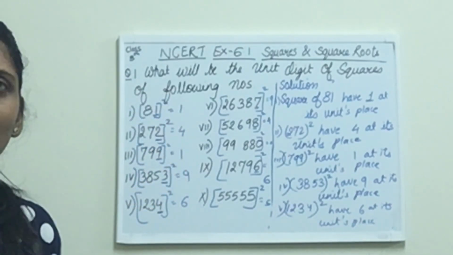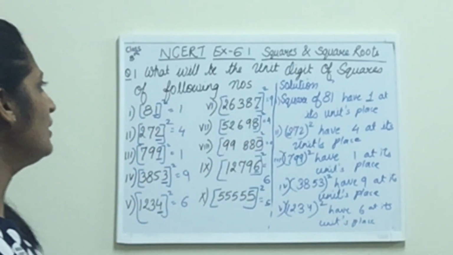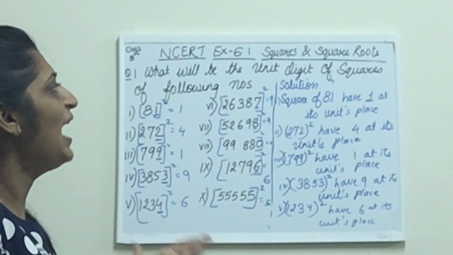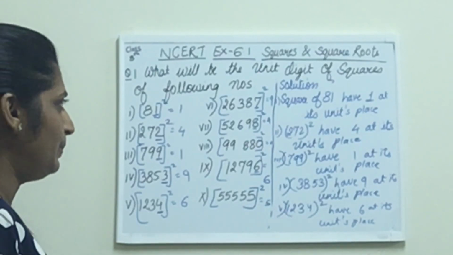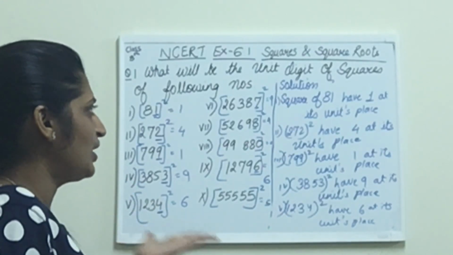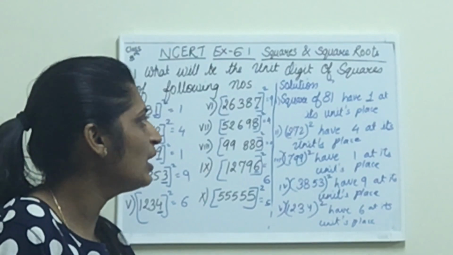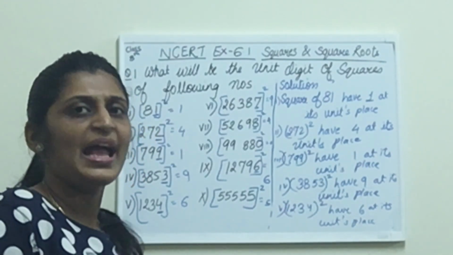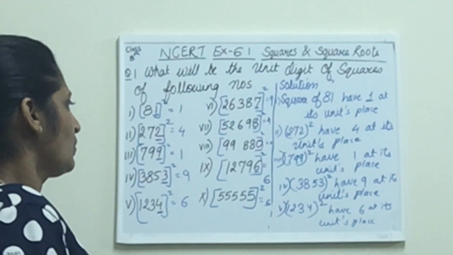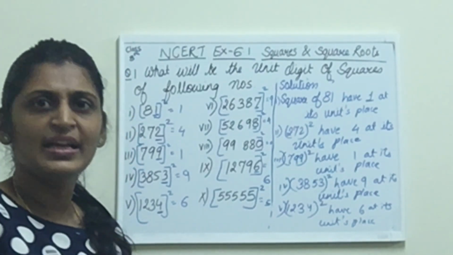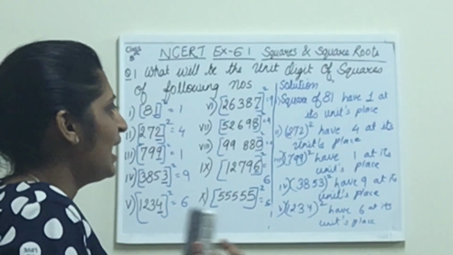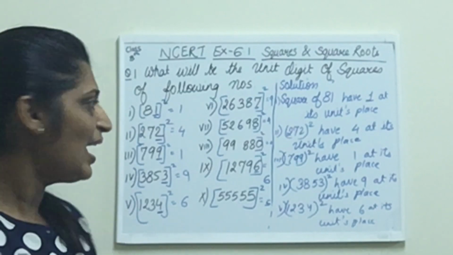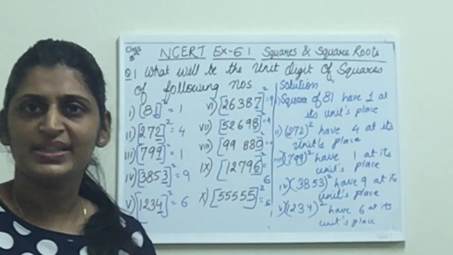Now you have to write further. For the sixth part, 26,387 square will have 9 at its units place. 52,698 square has 4 at its units place. 99,880 square has 0 at its units place. 12,796 square has 6 at its units place. 55,555 square has 5 at its units place.